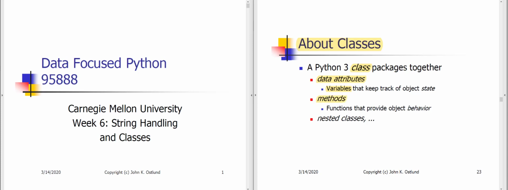And we have methods, which are functions, although some of these can be special functions that can be accessed using operator symbols like plus and times and so forth. These methods provide the so-called behavior of the objects of the class. Now, it's also possible within a class to have a nested class, but that's a little beyond what we need to worry about for this introduction.